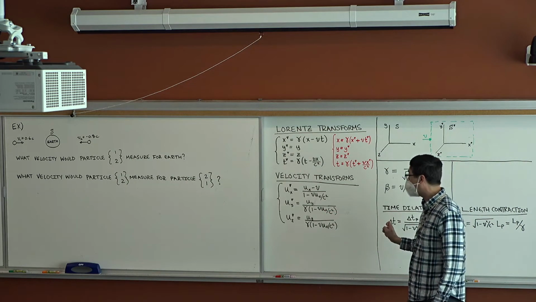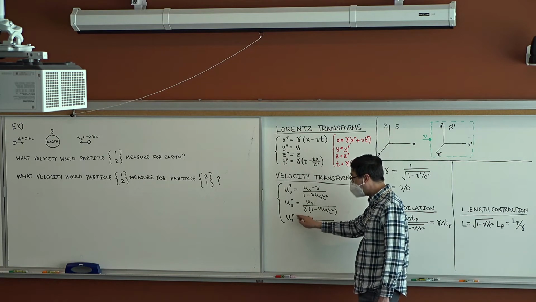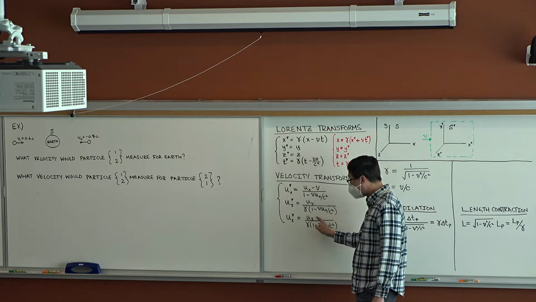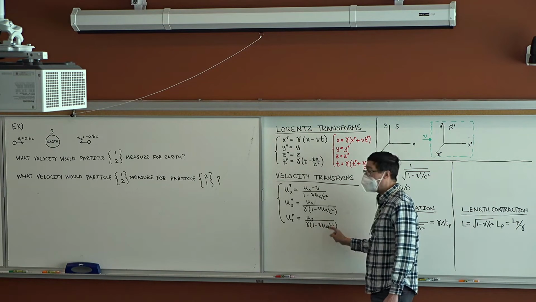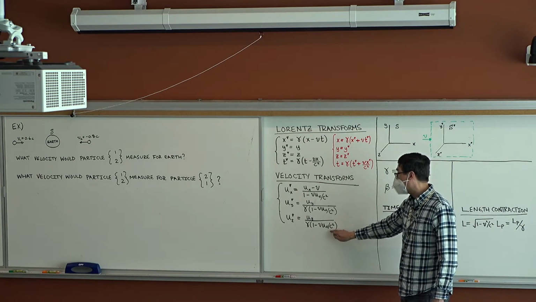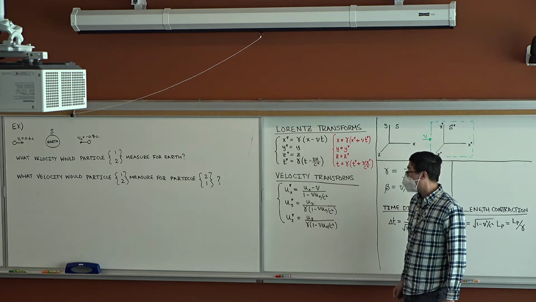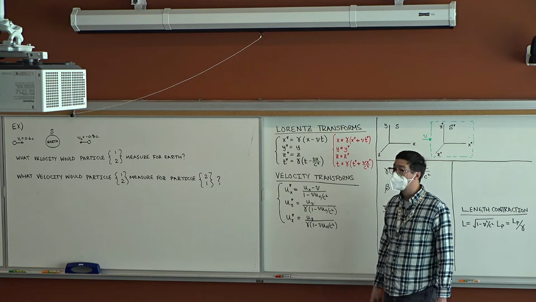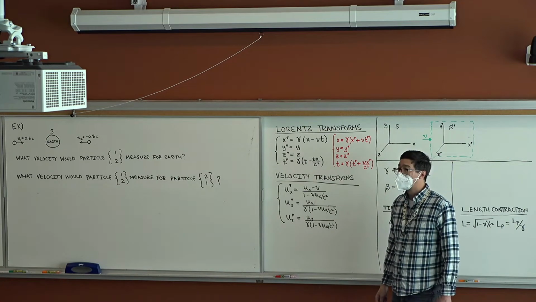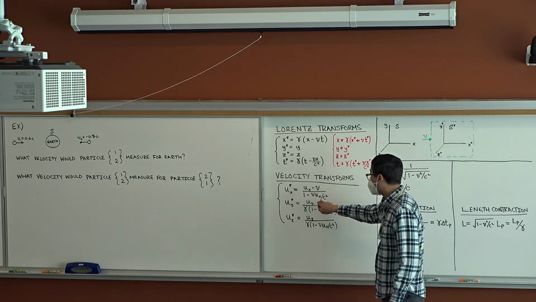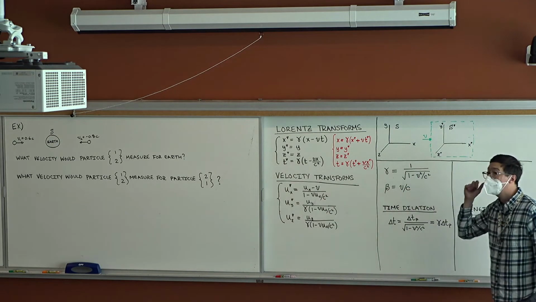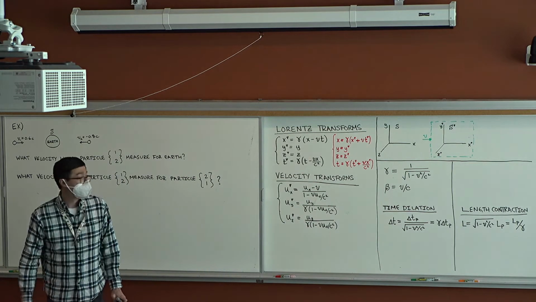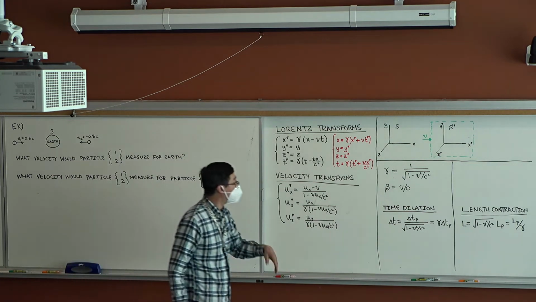And similarly, uz prime is uz over gamma times the quantity 1 minus v ux over c squared. So even though this one's z, z, this one's x, even though this one's y, y, this one's x, right? Because v is along this x direction, and it has this effect on t. Yay? Okay.